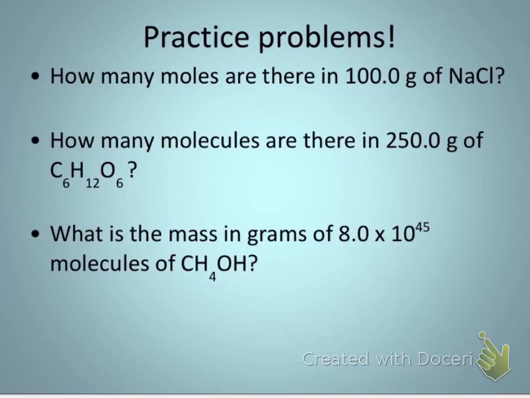Okay, so we'll do a little bit of practice on this. How many moles are there in 100 grams of sodium chloride? Just like you did with composition stoichiometry, where you were looking at moles of carbon or moles of sodium, we're going to start off in the first box, always with our given.